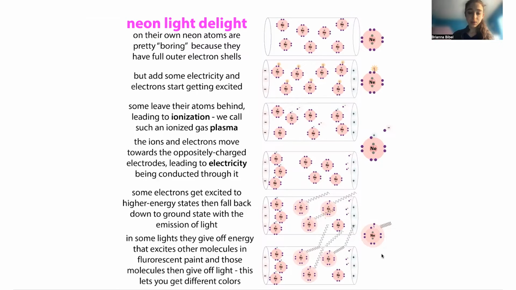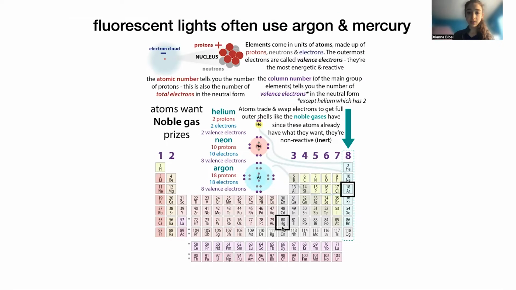Mercury turns out to be really good and efficient for this, and you get that UV light that can excite the phosphor. But then you have to deal with mercury. That's why you have to take care when you're recycling and disposing of fluorescent light bulbs. These days, LEDs are often used a lot more, but your typical fluorescent light will typically contain argon and mercury.